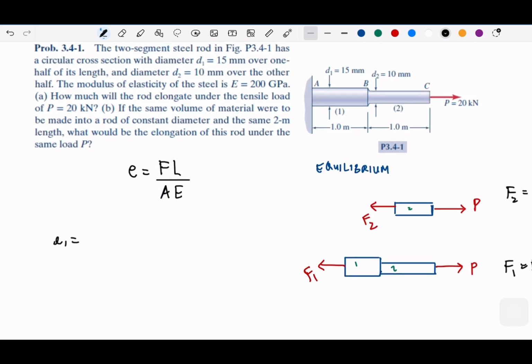The length is 1 meter, but because I would like to state it in millimeter because of the gigapascal, we can write 1000 millimeter multiplied with 20 kilonewton.